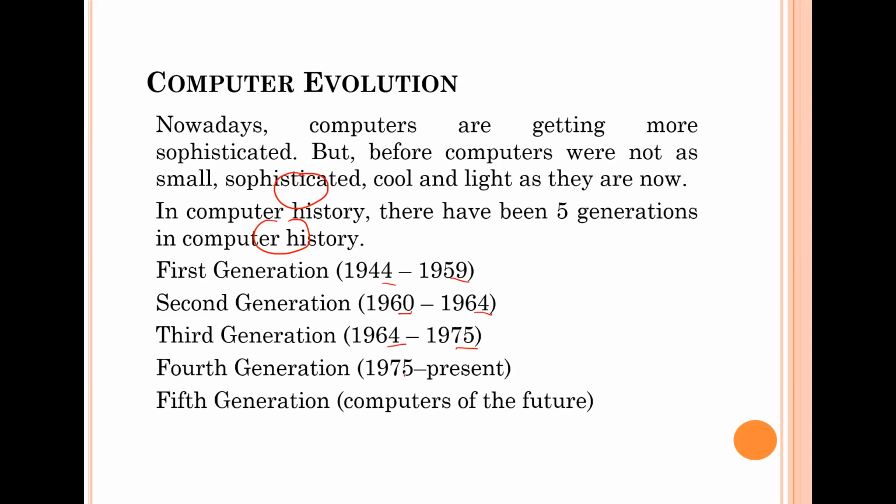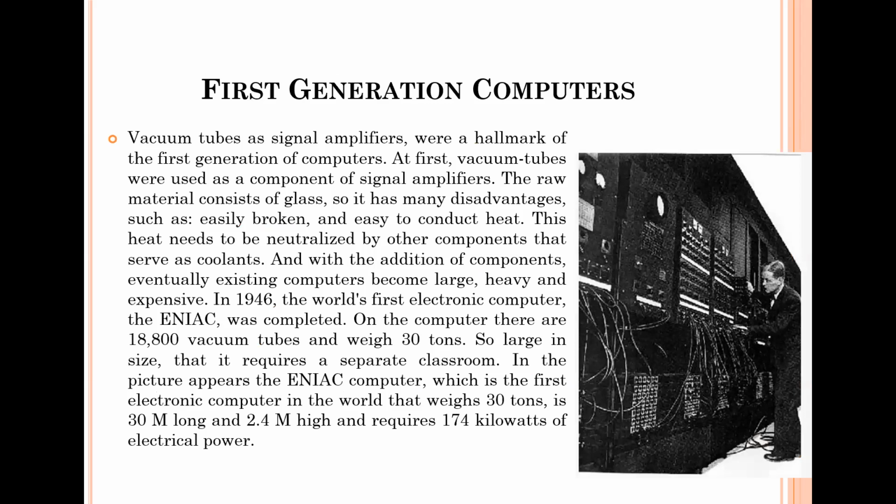And then the fourth generation is like what computers look like right now. And the fifth is the computer for the future. Well, we can look at the details of each computer generation here.